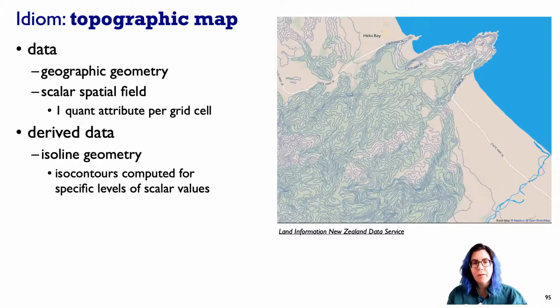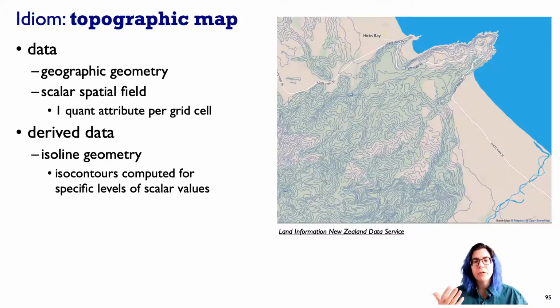And so we have a bunch of these, we have a spatial field where we have grid cells where we have an attribute, and then we construct derived geometry, which is the iso line, the line of equal contour for specific scalar values. And any of you who've read a topo map, have gone hiking, know that can show you when the lines are close together, you have a very steep slope. You can actually see on this map structures like mountain peaks. So there's a lot of information that we've constructed by deriving geometry. And again, shape is the key question here. We're trying to understand, in this case, the shape of the terrain.